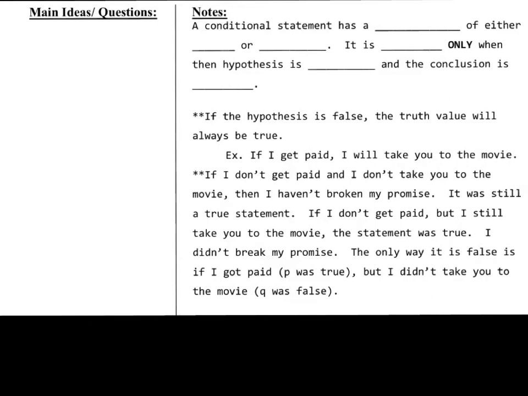A conditional statement has a truth value of either true or false. It is false only when the hypothesis is true and the conclusion is false. So that is a really important statement that you guys need to pay attention to.